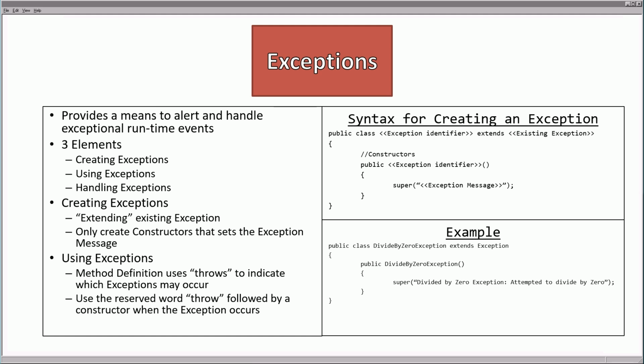Now, when it comes to exceptions, there are 3 essential elements to know about them: knowing how to create an exception, knowing how to use the exception, and also knowing how to handle the exceptions. Now, with the first 2, creating and using the exceptions, we're not going to focus on that too much in this course.